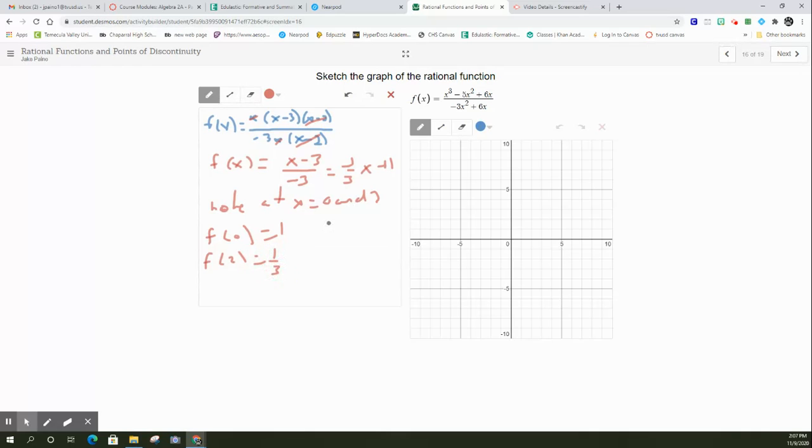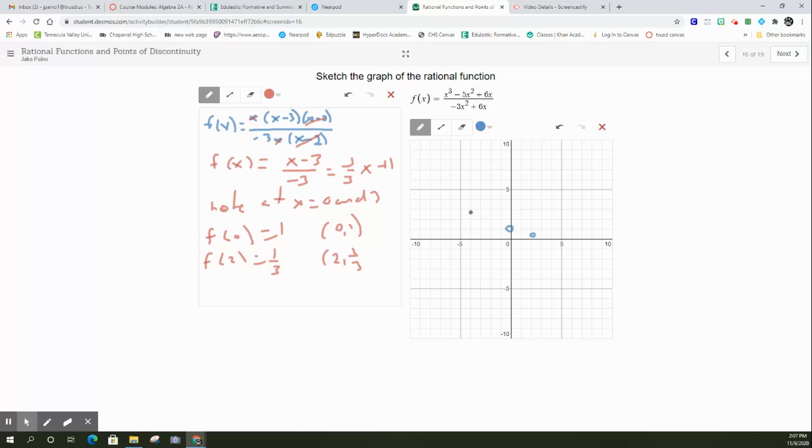So my hole is 0, 1, which happens to be my y-intercept as well, but now there is not a y-intercept because the hole is there. On the graph it's going to look like the y-intercept, but it's not. And then 2, 1/3. So I need to draw an empty circle at 0, 1. I need to draw an empty circle at 2, 1/3.